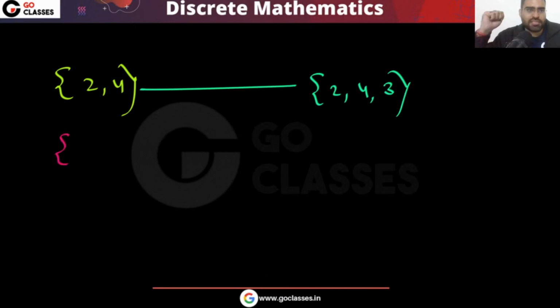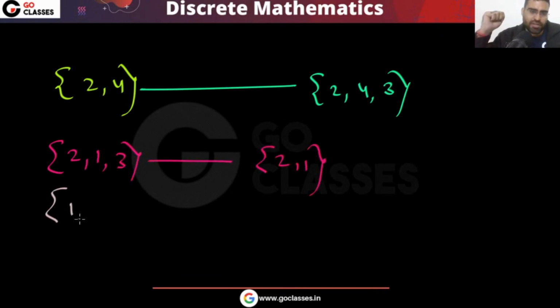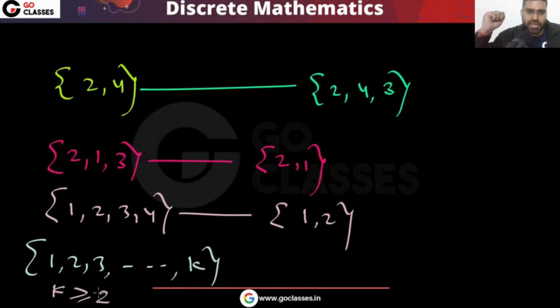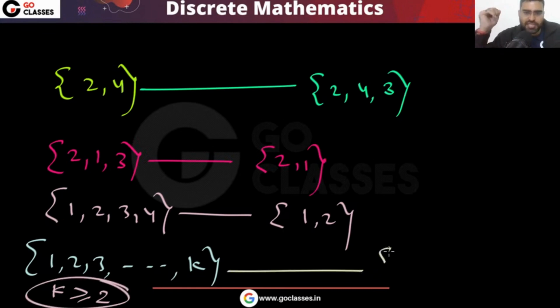If you have 3 size, for example 1, 2, 3, then this will be adjacent to this. Whatever set you take, 1 2 3 4 and so on k, where k is greater than or equal to 2, this will be adjacent to 1 comma 2.